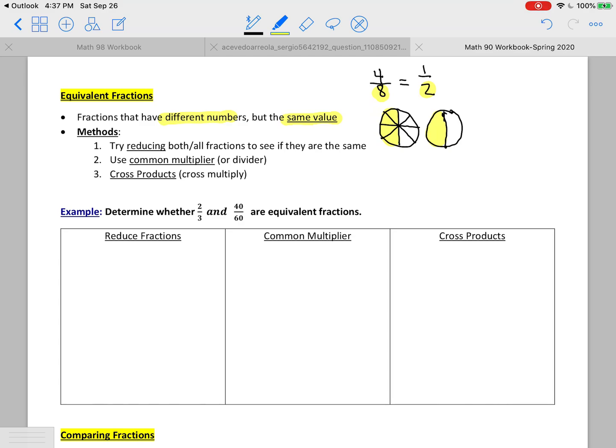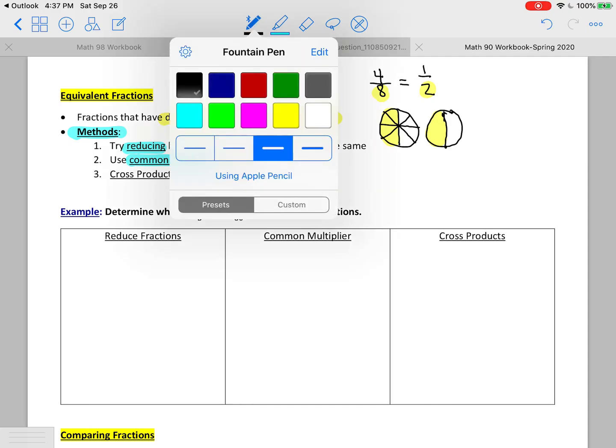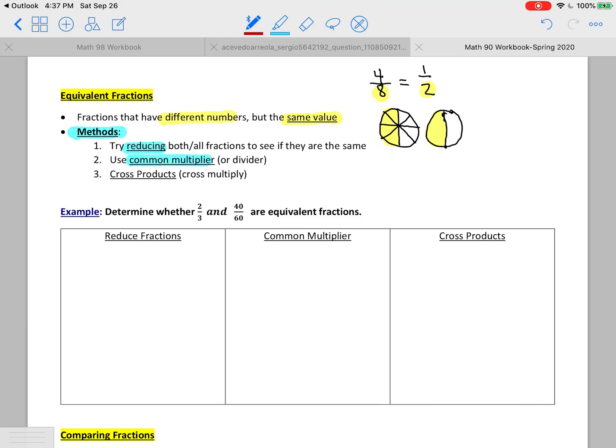Okay, so when we're searching for equivalent fractions, we have a few different methods that we can try. So we have several methods. One is let's just try reducing the fractions down to see if they're the same when you're all finished, kind of like we have up here. Another idea is to use this idea of a common multiplier or divider if needed, which means we're looking for a connection between the two, right?